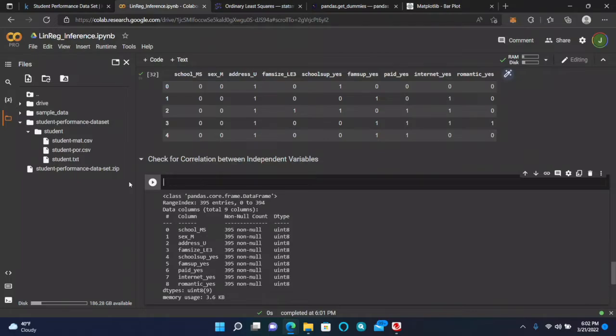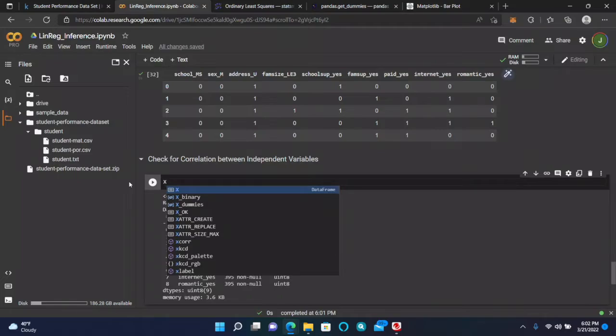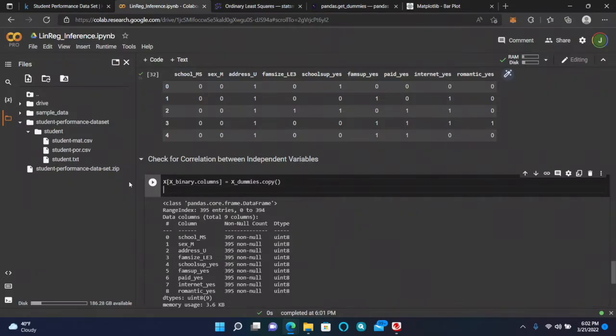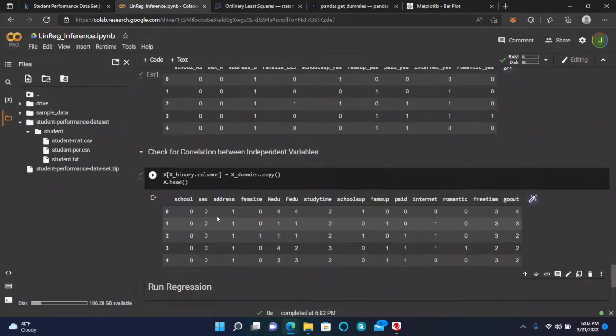So what I want to do here is replace all of the columns in X that are also in X binary with the dummies columns, right? So now you can see I've replaced school, sex, address, and so on.